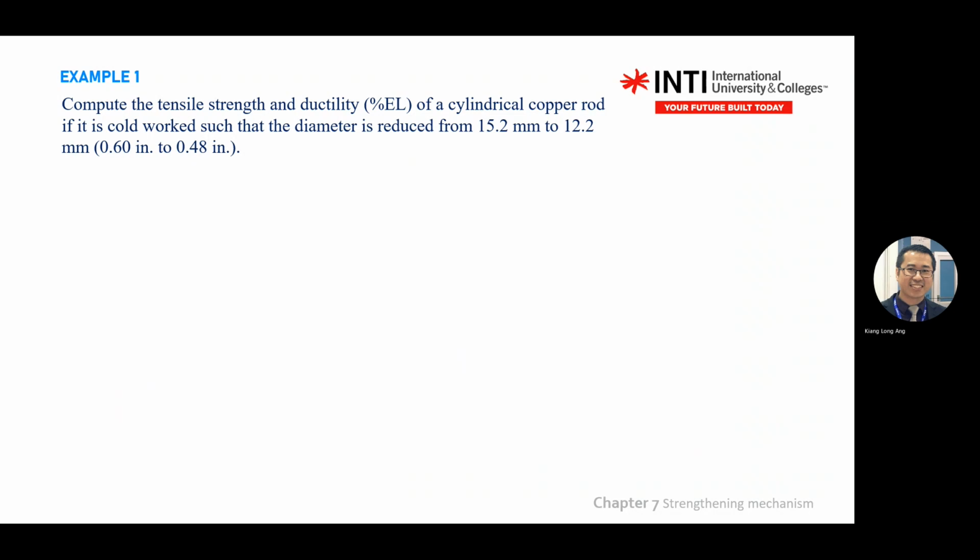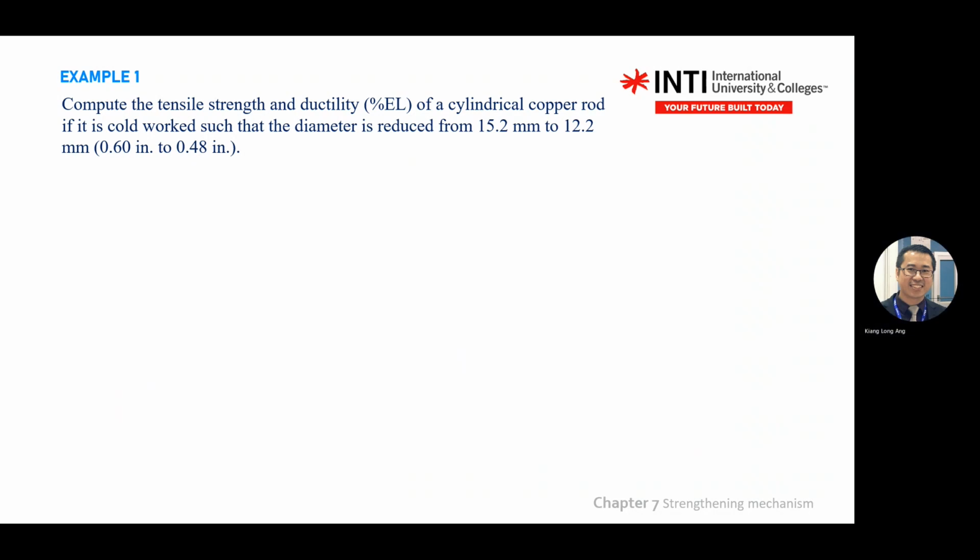The tutorial question asks you to compute, which means to determine or to calculate, the tensile strength and ductility, the percentage of elongation, of a cylindrical copper rod. Cylindrical means a round shape.